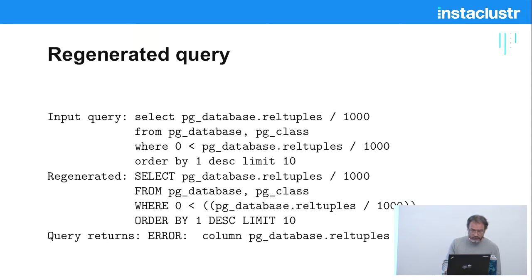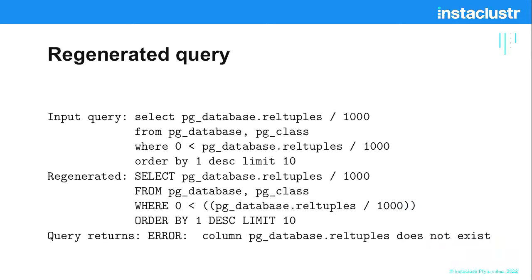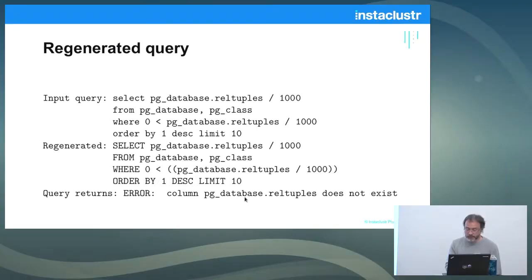More minimal in the sense that the query is actually faulty, namely this column pg_database.reltuples does not exist. So there's an error in there, and we want to spot where it actually is. In this short example, we could just read the query, but this just demonstrates the point.